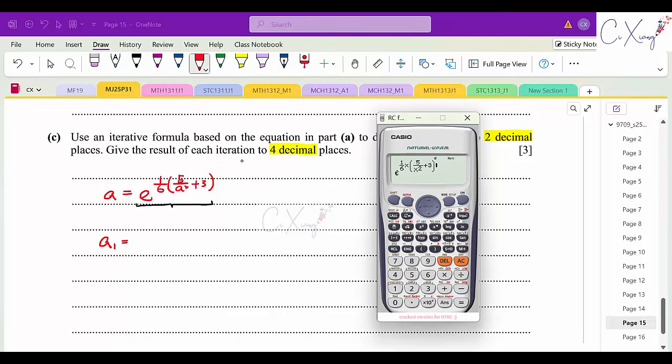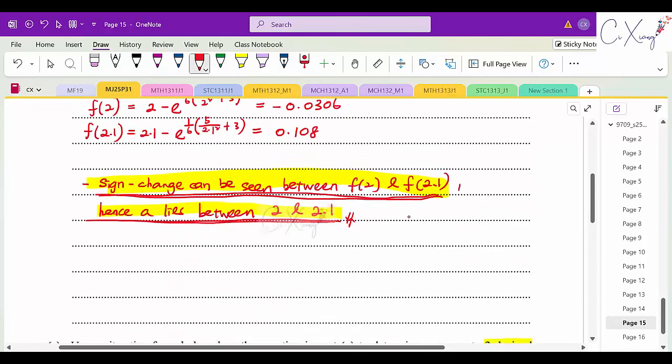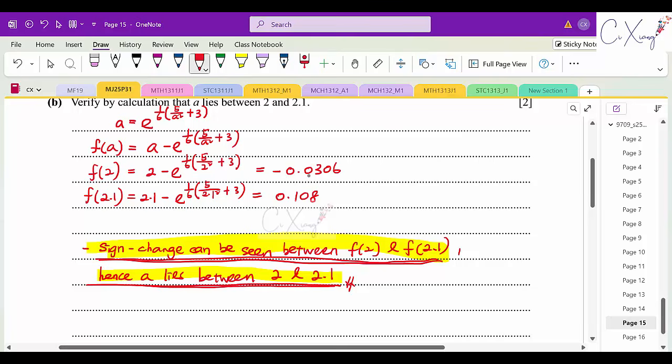Right, for this question, they didn't tell us any initial value. Therefore, I will use the value that I want. I realized that when you substitute the 2, the value is closer to 0 compared with 2.1. So to me, I will start from 2.